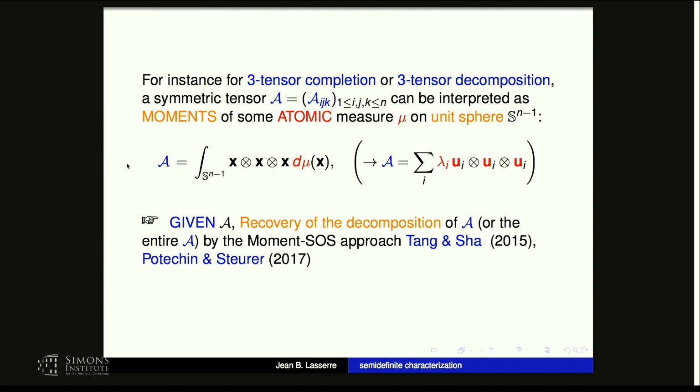Those papers are exactly in this spirit. Monique's talk can also be viewed as exactly this approach, where for a tensor or a CPSD rank, you want to retrieve a measure on an abstract sphere from knowledge of some moments. To do that, you minimize the total variation norm of your unknown measure. So that's one way to see polynomials related to real measures: the coefficients of this tensor should be viewed as moments of some measure.